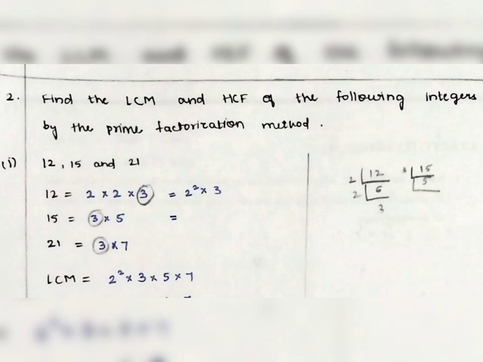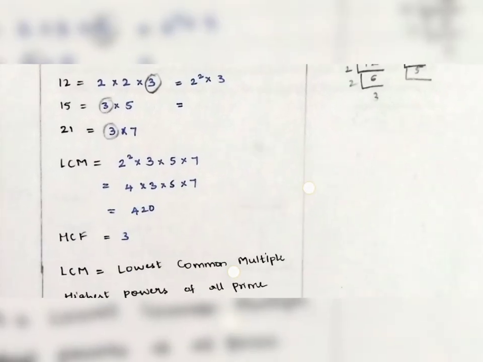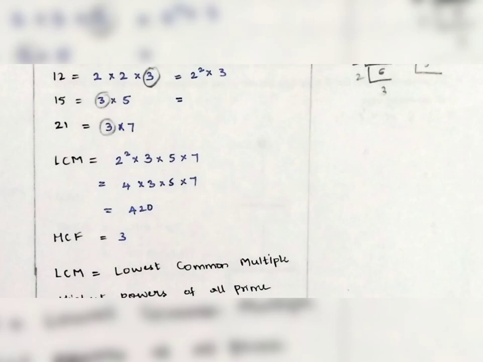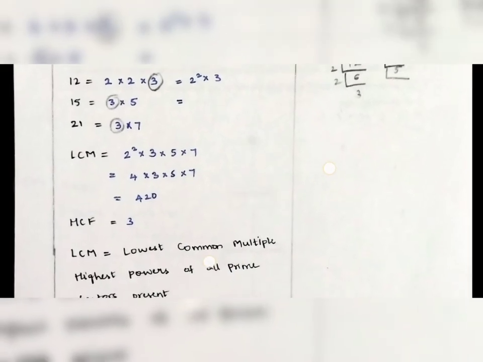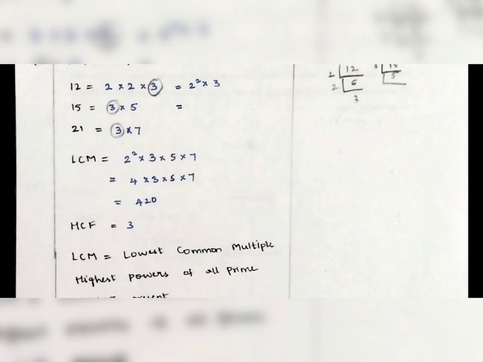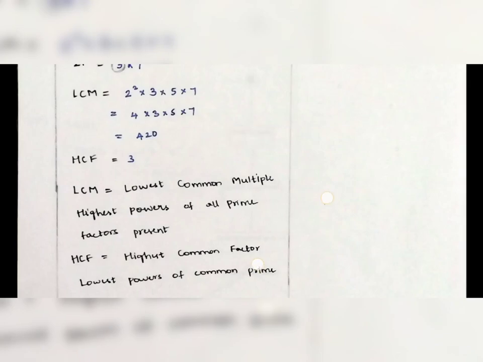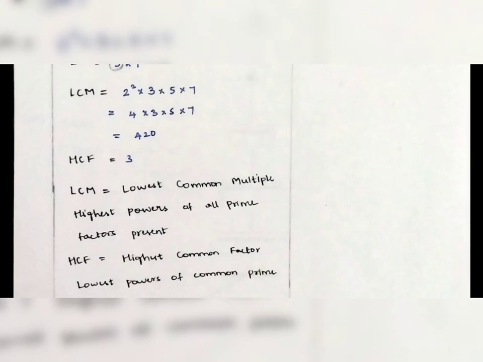And what is LCM? It is lowest common multiple. Lowest common multiple means highest powers of all prime factors present.